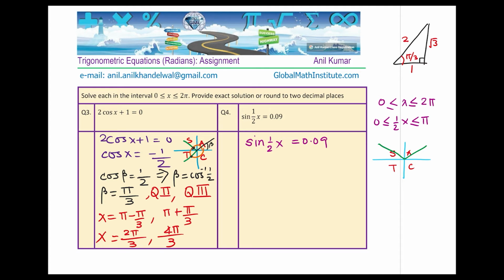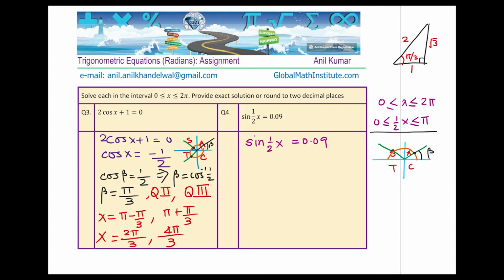So if I draw this half wave also, I do get two solutions. So in this case, I am expecting two solutions within this interval 0 to pi for half x. You get the idea, right? So we can find the related acute angle, which is also a part of the solution, correct? So we'll solve for the related acute angle and then calculate the answer.